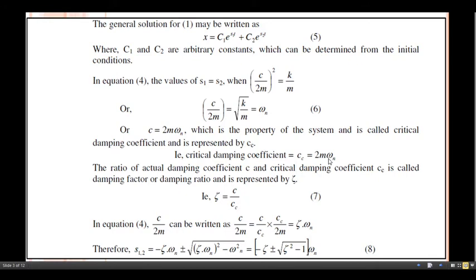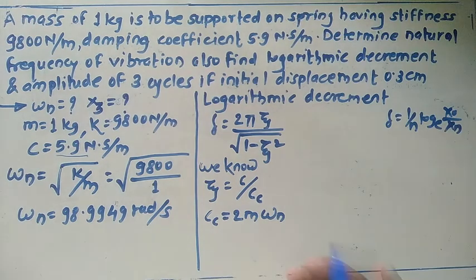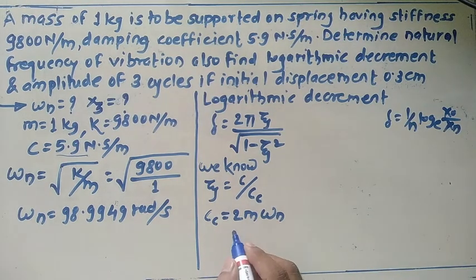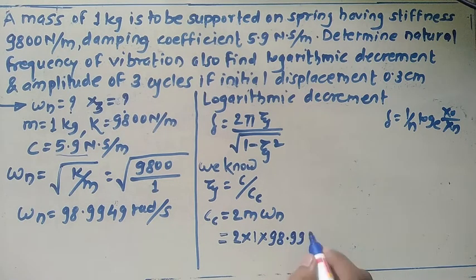Using this relation, we can easily get Cc, which is 2 multiplied by m, 1 kilogram, multiplied by omega n, 98.9949. If you simplify this, Cc is 197.9898.